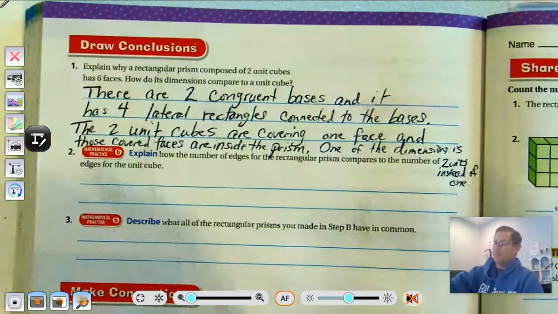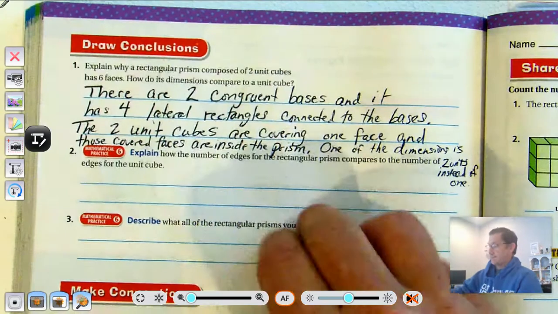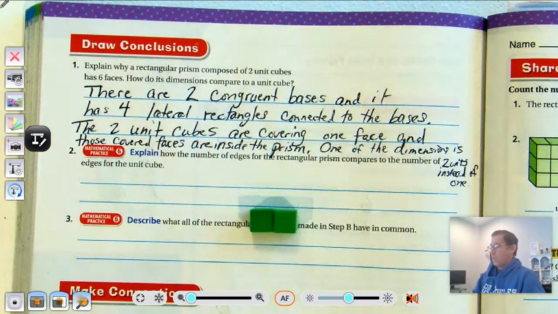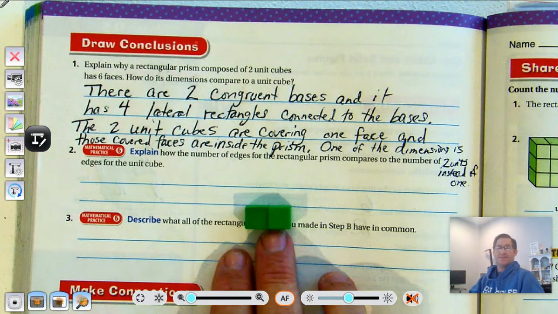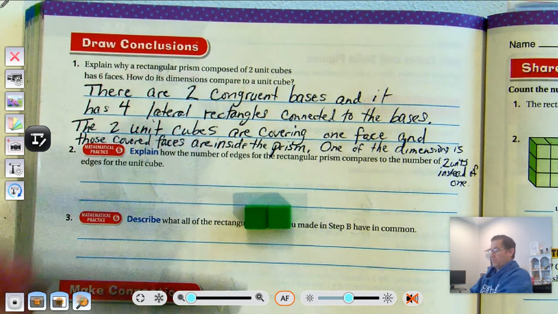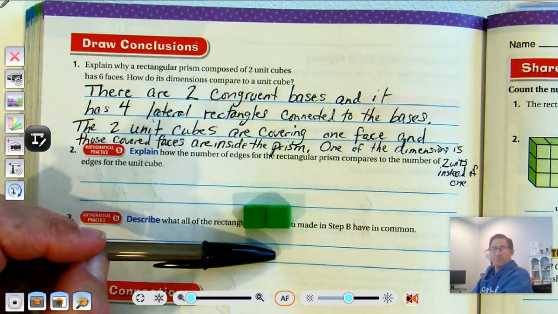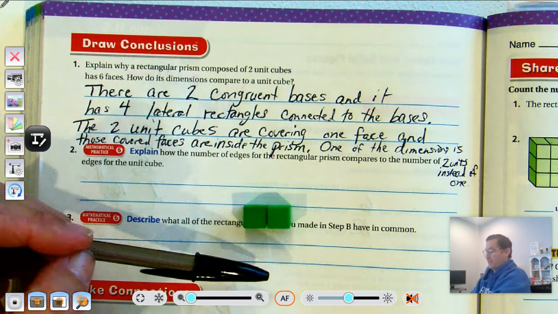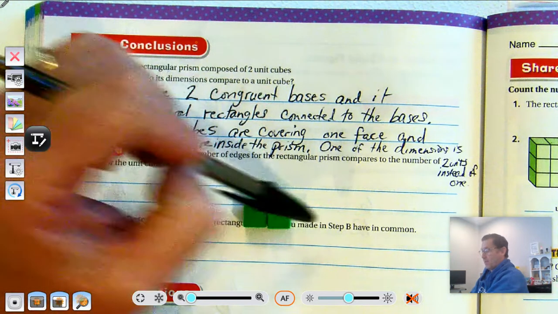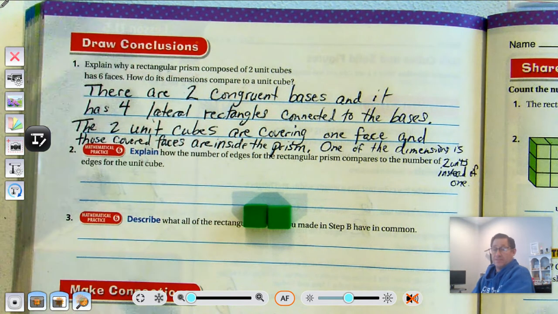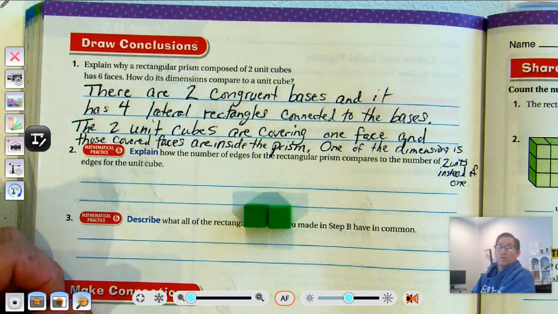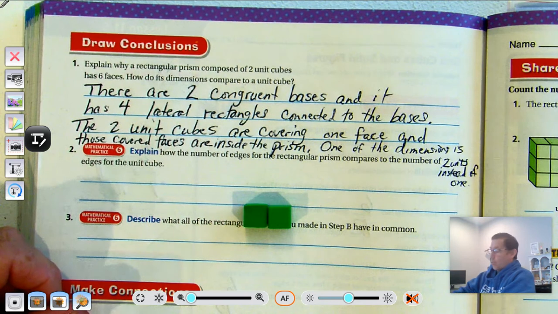All right, so let's look at this again. They're asking us, why does the rectangular prism composed of 2 cubes still have 6 faces? Well, the top and the bottom are congruent, and then there would be 4 lateral rectangles connecting the bases. So that's still 6 sides, right? 6 faces. So why isn't it more?